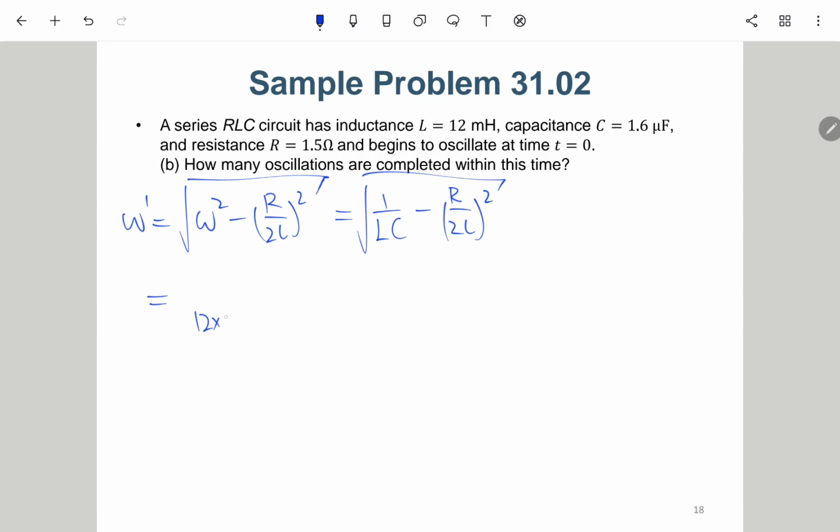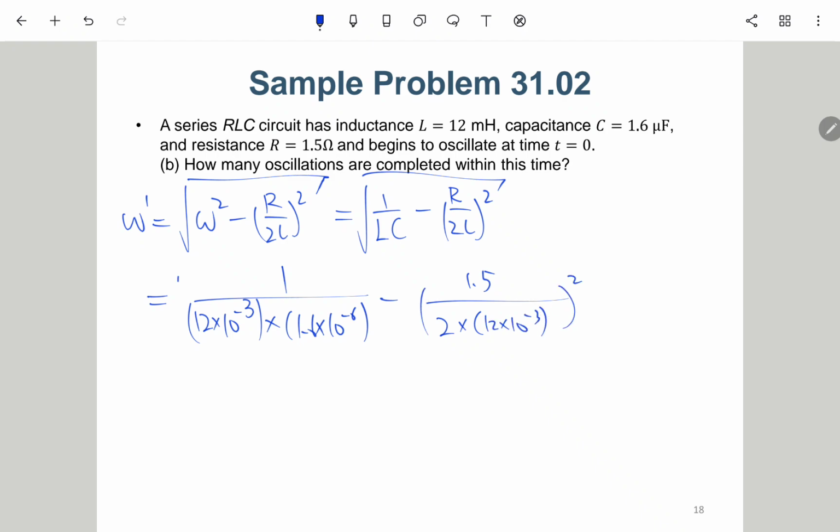L is 12 times 10 to negative third, and C is 1.6 times 10 to negative 6, and then minus R is 1.5 over 2 times 12 times 10 to negative third, squared here, and then take the square root. So this is nothing but 7.217 radian per second. So this is the angular frequency.